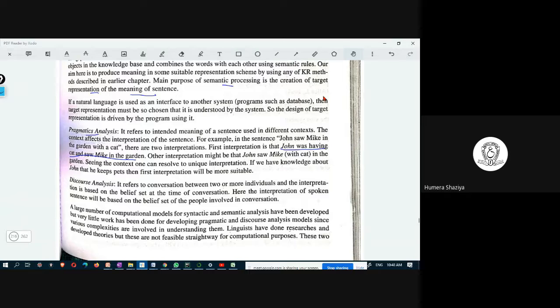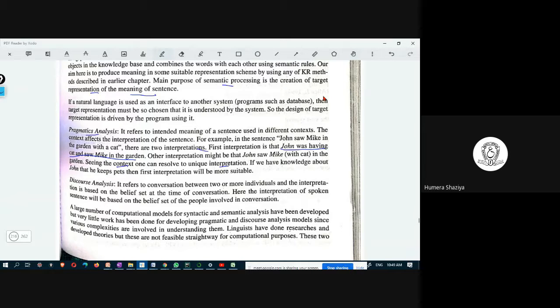Okay, here John is seeing a person named Mike. Mike has a cat, and Mike and the cat both are in the garden. Based on the context, the interpretation would change.